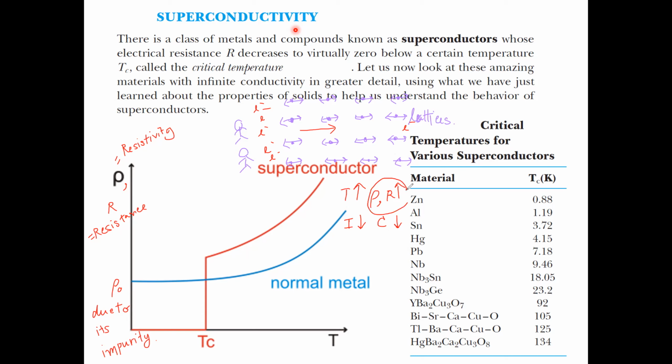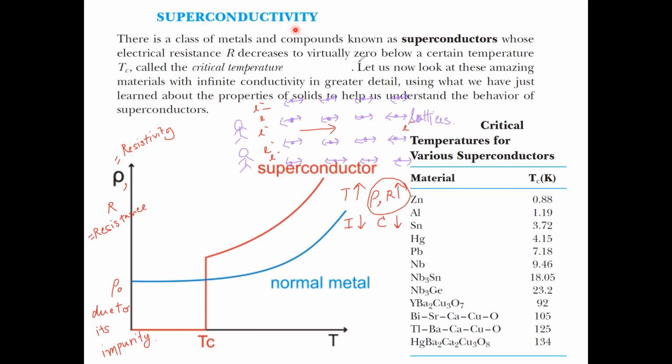So that means rho, resistivity or resistance, is higher. Because at high temperature, there are thermal vibrations of the lattice that prevent the flow of electrons from one end to another end.